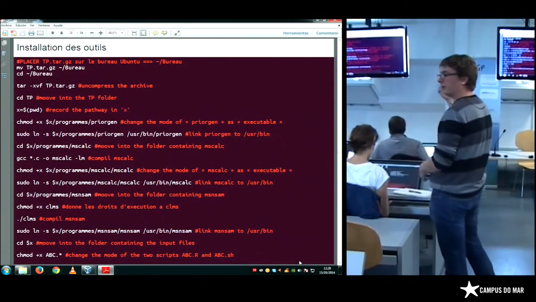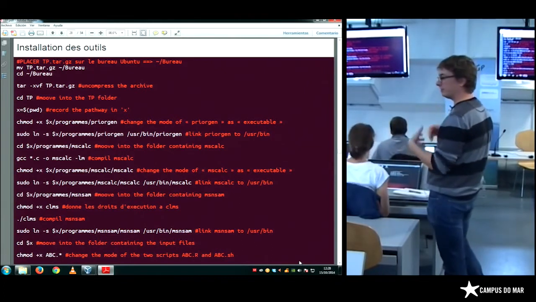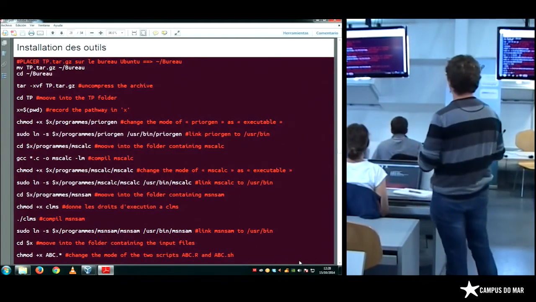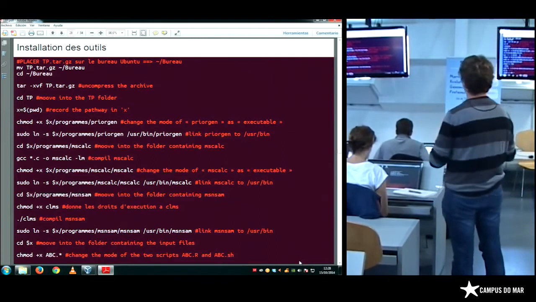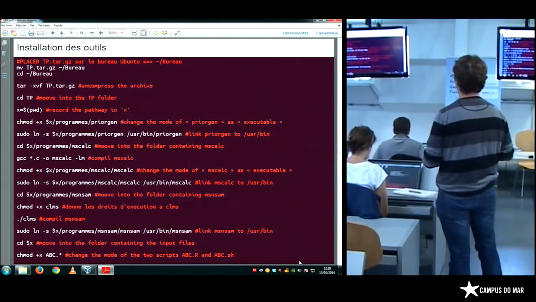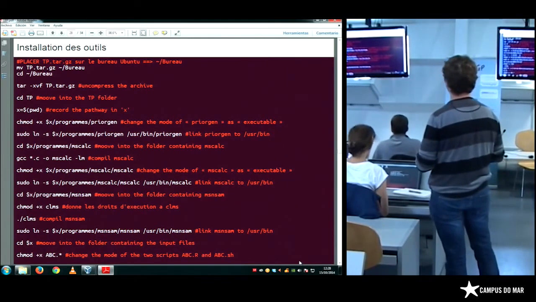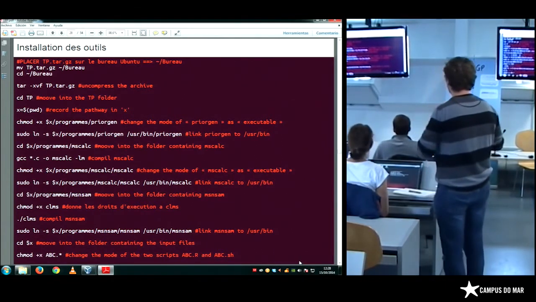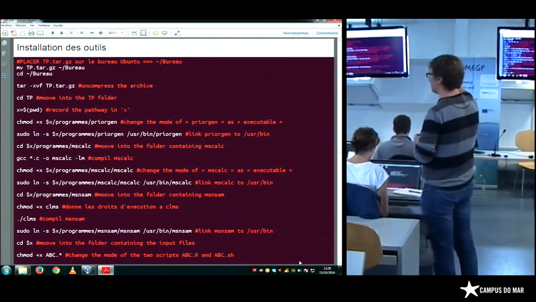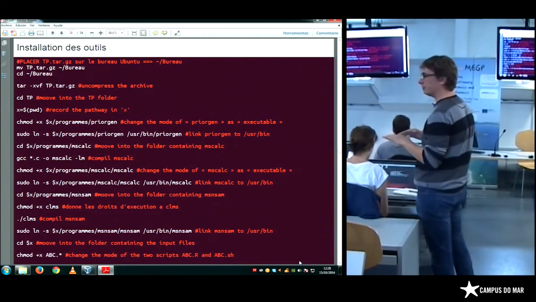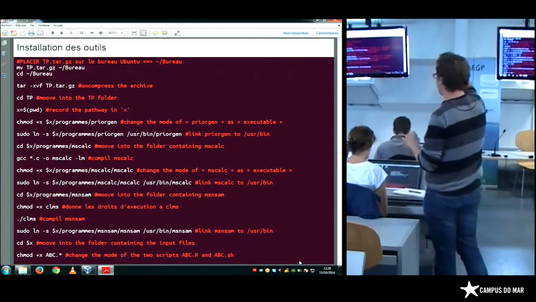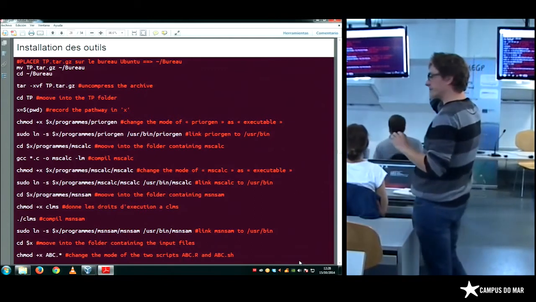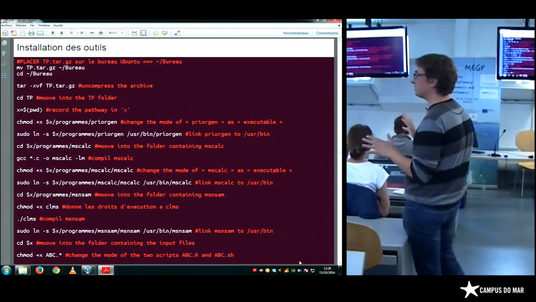It's again an informatic trick to make the software do what we want it to do. Okay. So Linux is going to ask for your password with the command line sudo. So the password is genomics.